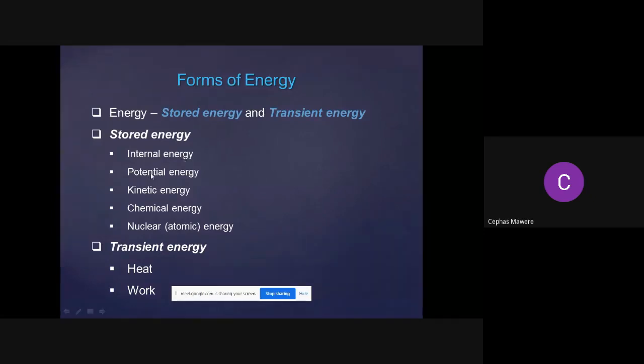We are going to look at calculating potential energy, how we calculate kinetic energy, how we calculate chemical energy, and how we calculate the nuclear energy of any system. In terms of transient energy, we are referring to heat and work. And when we begin to look at heat and work, we have the first law of thermodynamics coming into effect, which is what we know as the law of the conservation of energy, right?